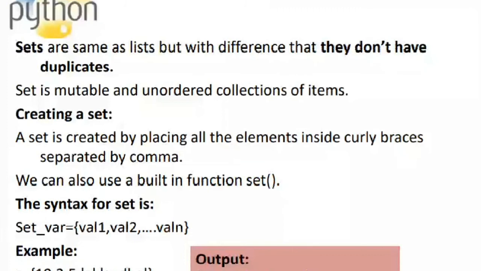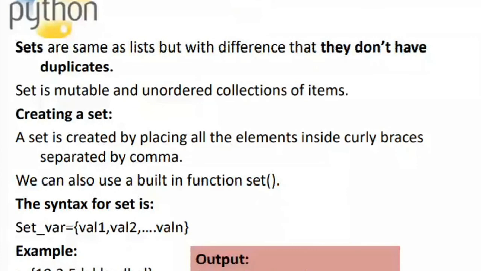Even if there are duplicates in the set, it doesn't throw an error, but it doesn't consider them. Say I have 1, 2, and 2; when you use the set, it will just take 1 and 2 and ignore the other 2, which is a duplicate.